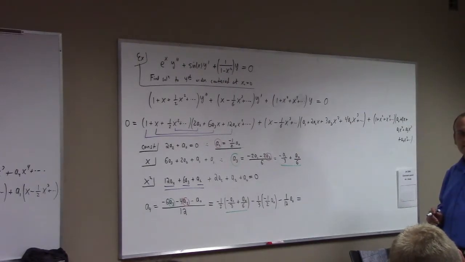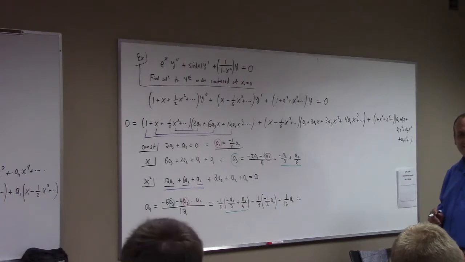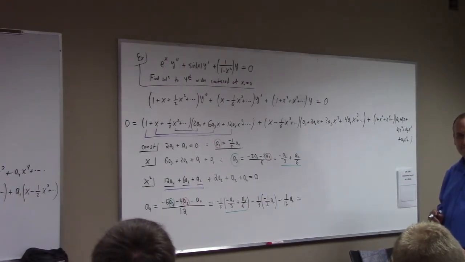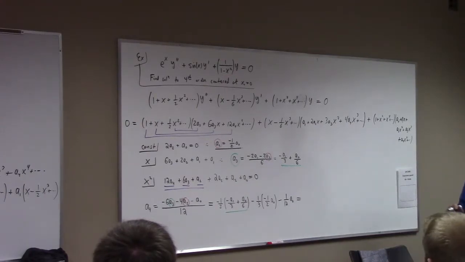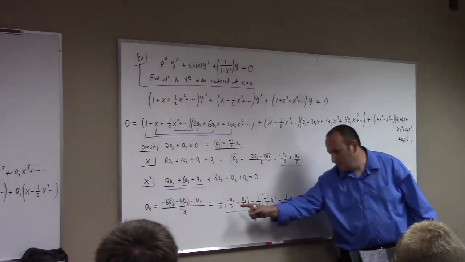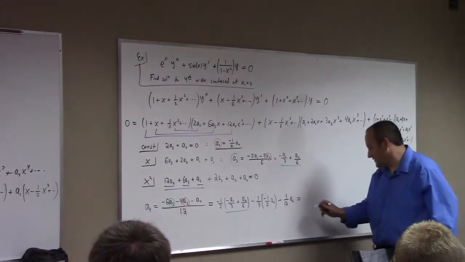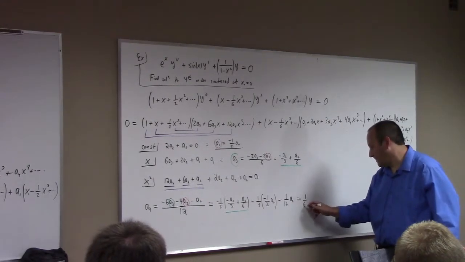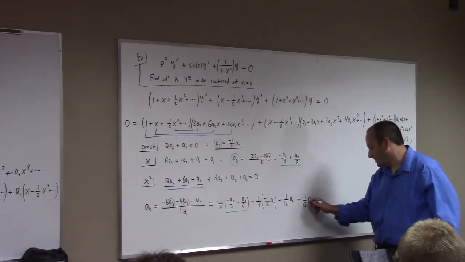Hey, how many is that? What's minus 1/12 plus minus 1/12 plus 1/6? It is 0. Yes, the a sub naught terms cancel out. Cool. And what are we left with? Looks like plus 1/6 a sub 1, right?